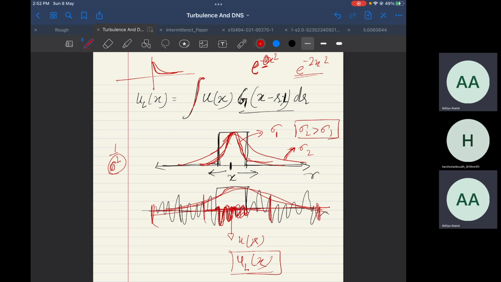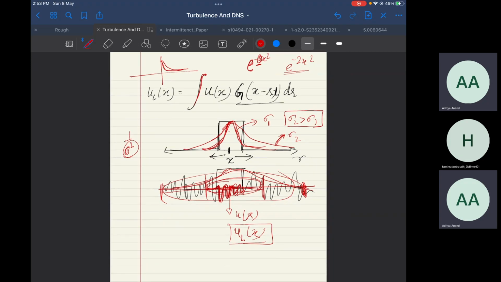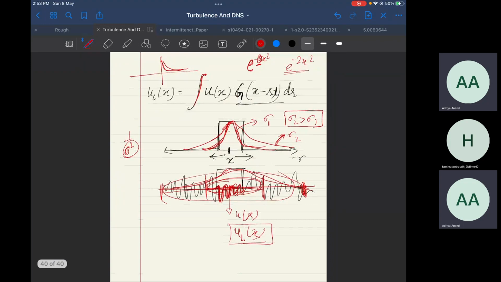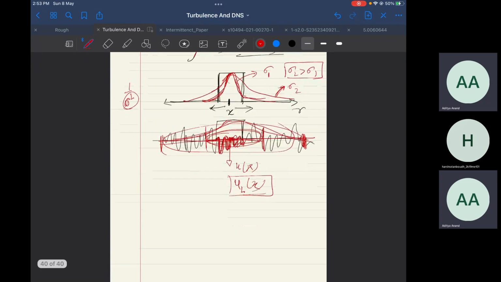Okay? So any fluctuations which are smaller than this scale are filtered out. Any fluctuations which are smaller than this scale are filtered out for this one. So that's how this filter works. But how do you apply this filter while using your computations?